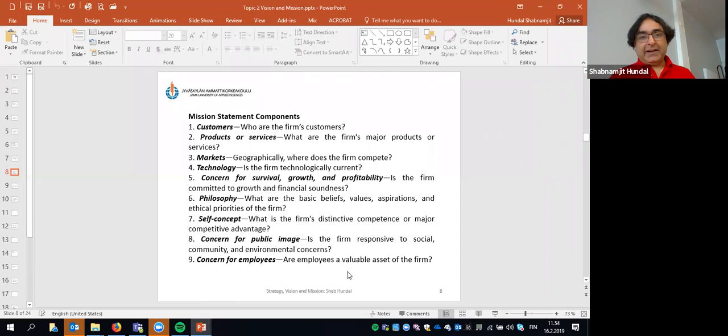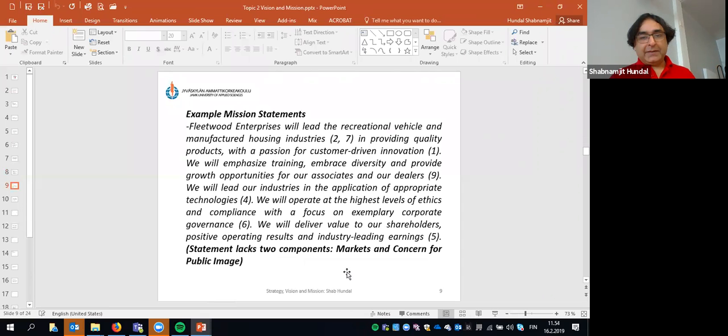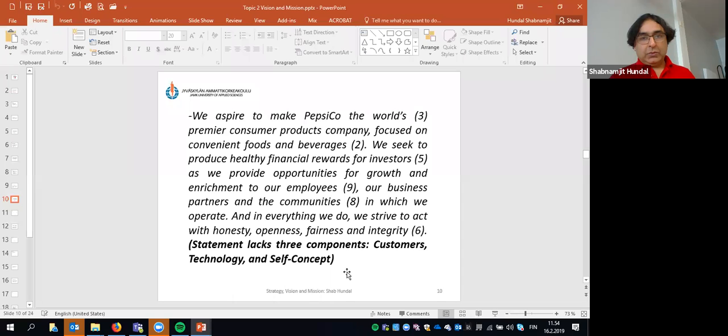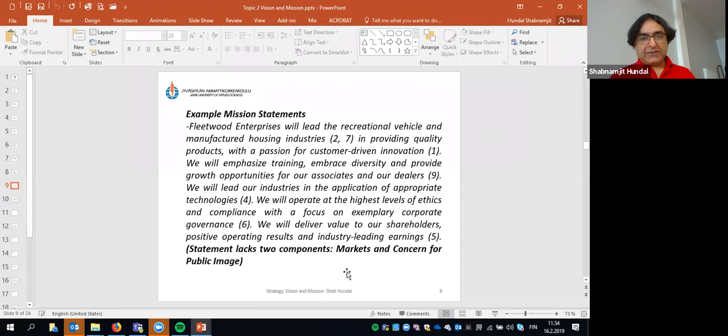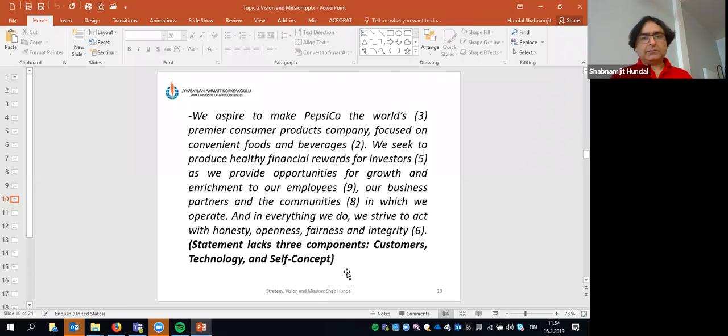And then I made some examples. When I saw the chairman and the CEO's statement, I found that 3 components are lacking in PepsiCo. Imagine, they are directly consumer based.